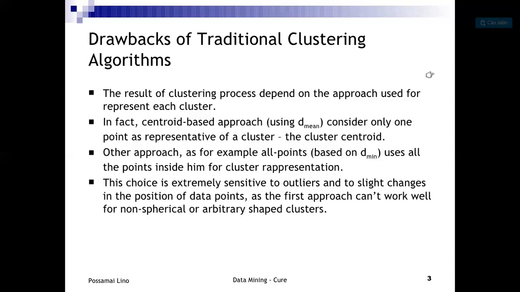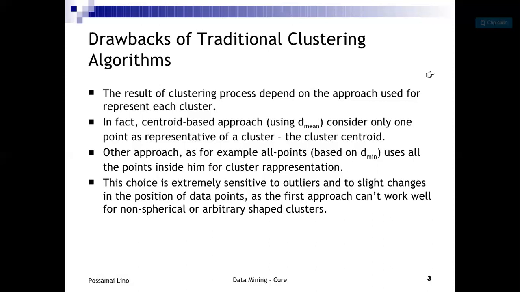In the CURE algorithm, instead of taking a single point or all points, we take a few representative points. We select some representative points through a random algorithm, and these are used to represent the clusters.